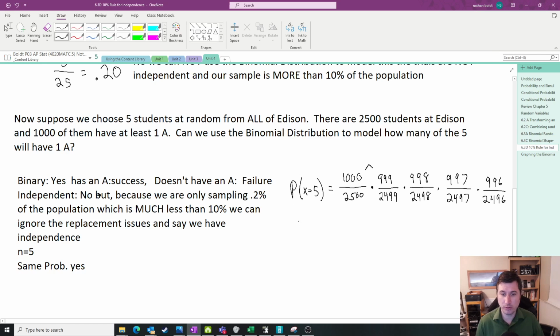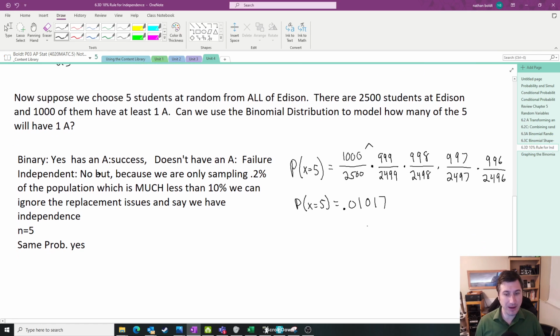That is the true probability. And so if I type that into my calculator really quick, give me just a quick second. All right, so I typed that into my calculator and I got 0.01017. So there's a 1% chance that if I pick 5 students randomly, they'll all have at least one A.